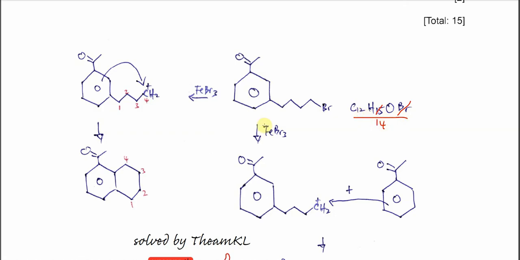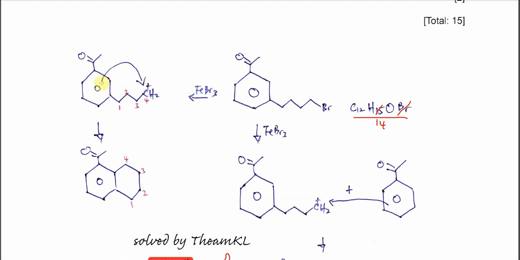A similar reaction will happen in the first stage. The catalyst will still react with the product and form the similar carbocation. But now this carbocation is not going to react with another ketone. It's going to react with its own benzene, something like this.